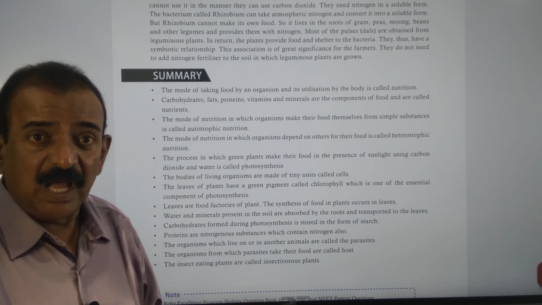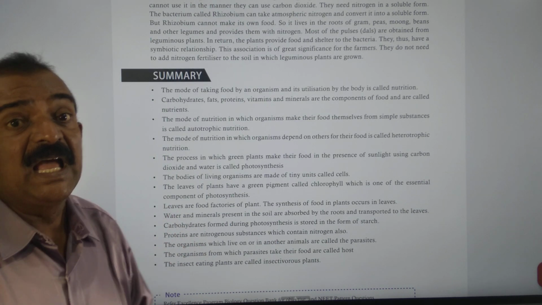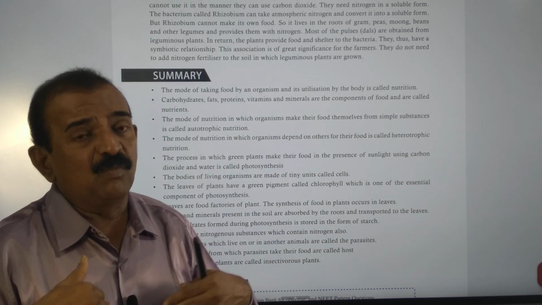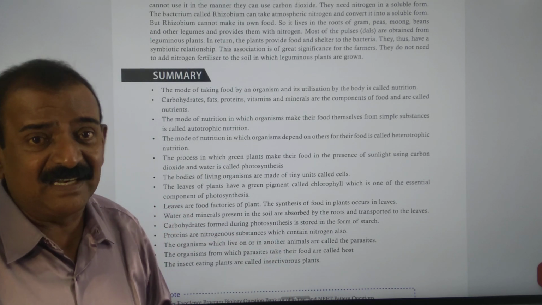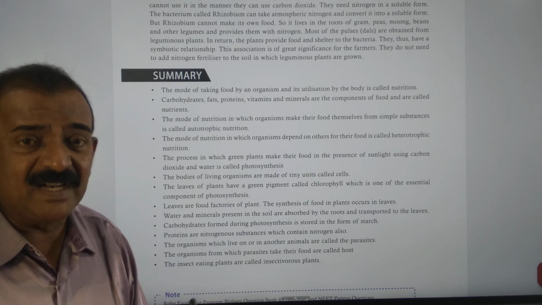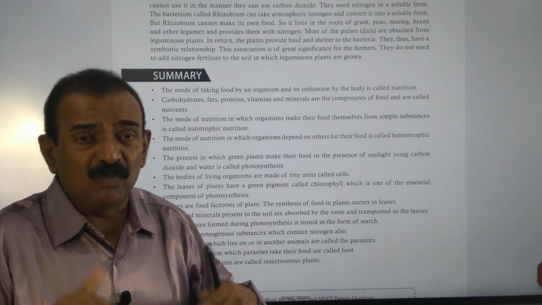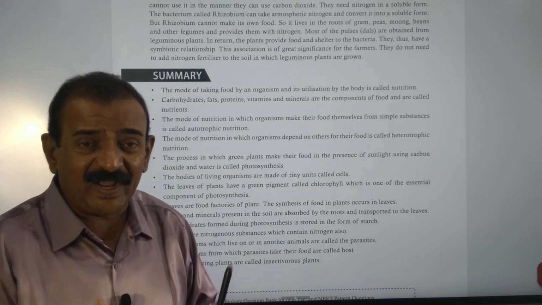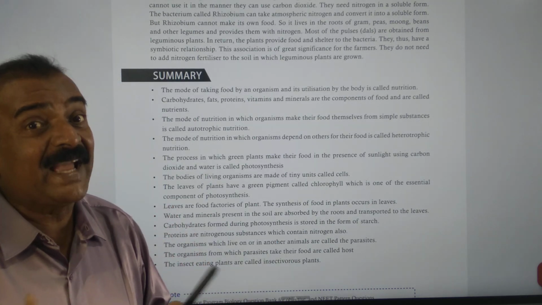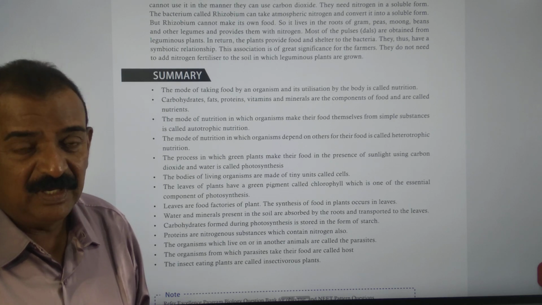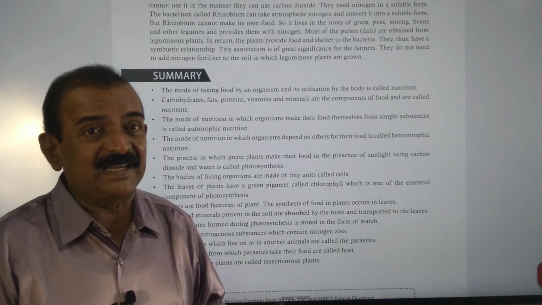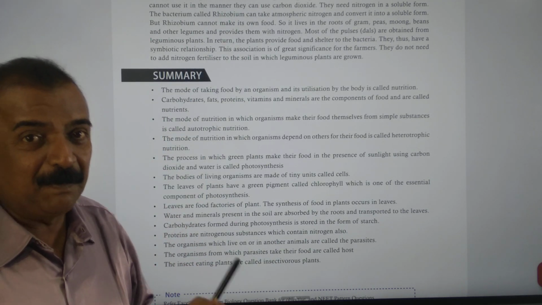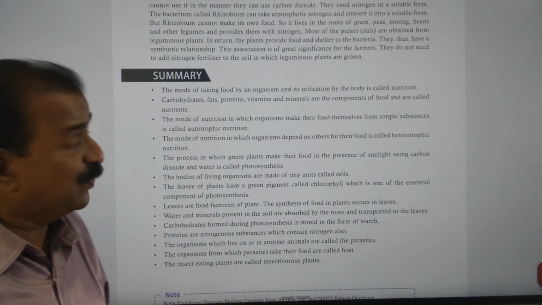Our body requires energy-giving nutrients like carbohydrates and fats, and body-building materials like proteins, and protein consists of amino acids. Fats also store energy and are called reserve food. Our body also requires different types of vitamins, which are also produced by plants. So these are the nutrients present in the food.